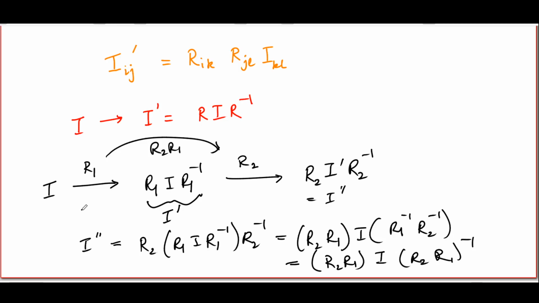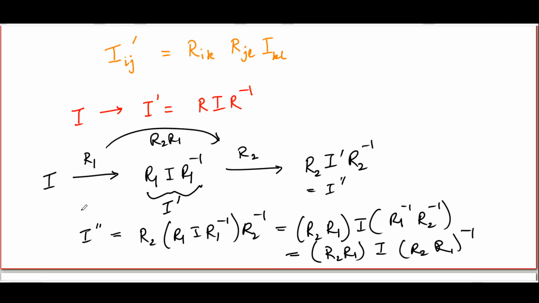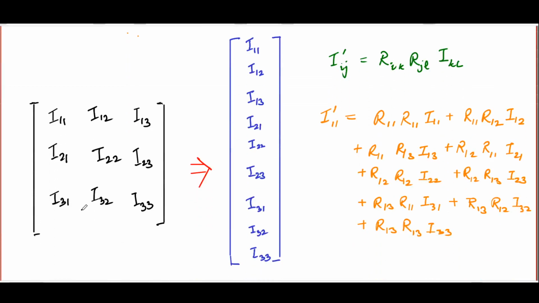Since there are 9 elements in I, this will be a 9 by 1 column vector. Basically, I will be rewriting the matrix I11, I12, I13, as you can see here, in this particular form: I11, I12, I13, I21, all the way down a column. Of course, this brings in nothing new, it's just a different way of writing the same thing.